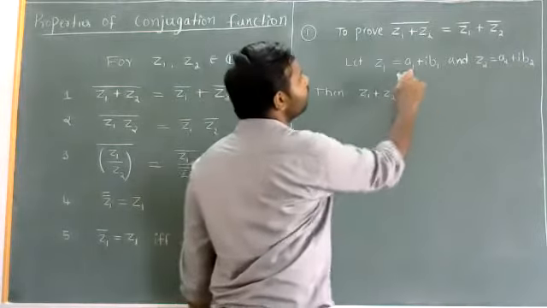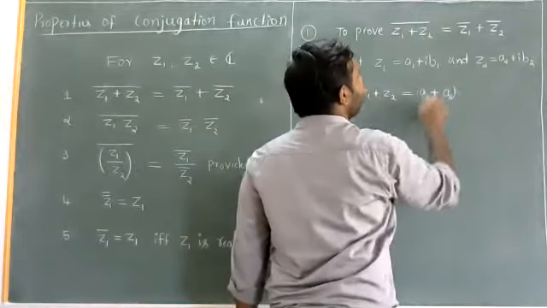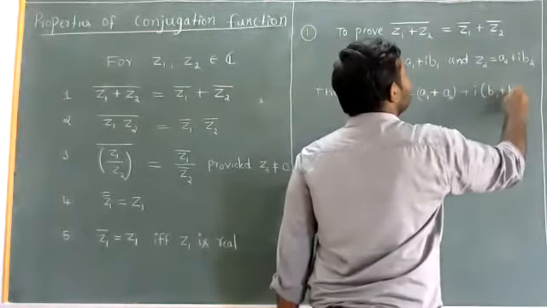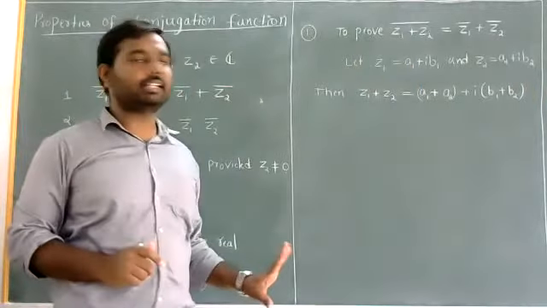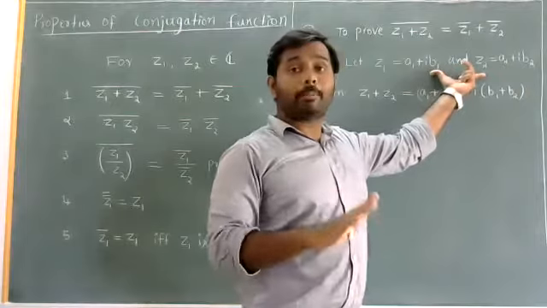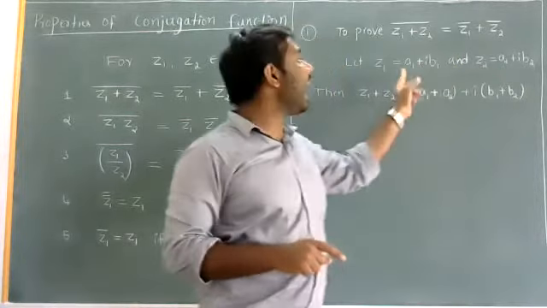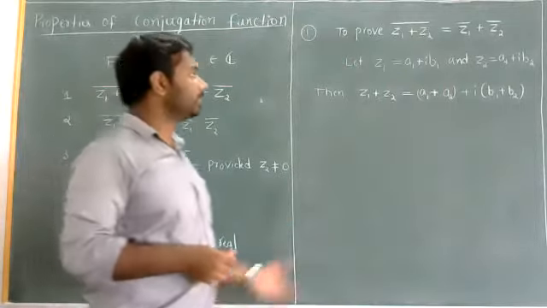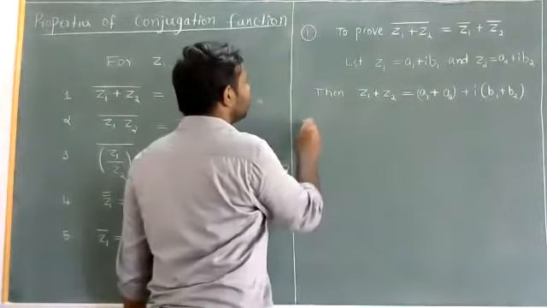So z1 plus z2 will be a1 plus a2 plus i into b1 plus b2. We will add real and imaginary parts separately by treating complex numbers as linear polynomials in the variable i. We add complex numbers as we add any two polynomials. Okay, now I have z1 plus z2.